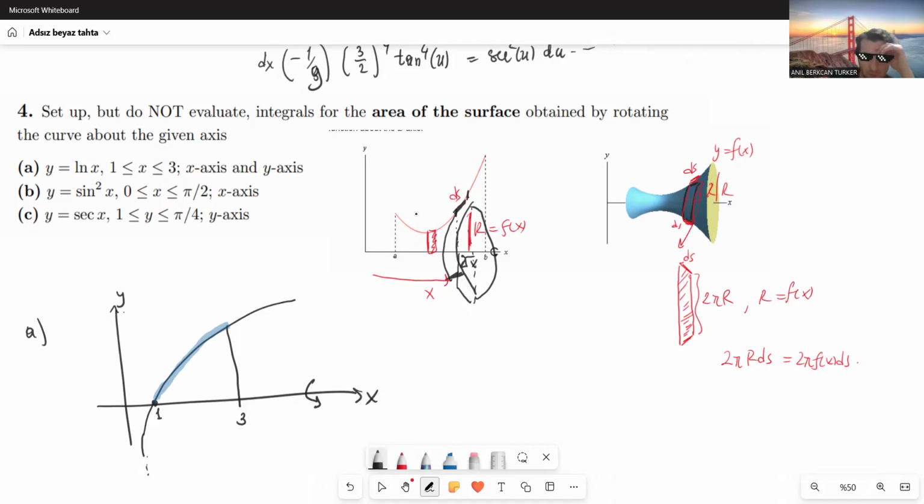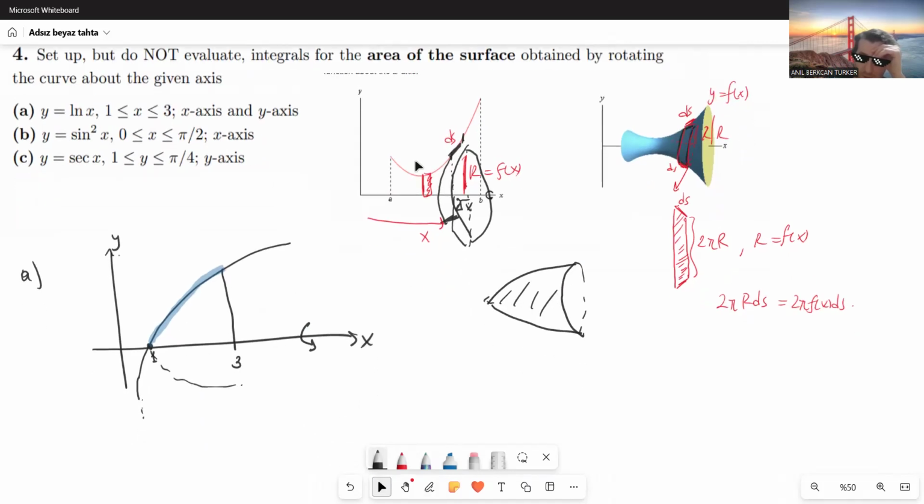So what I end up with is something like that, some curve like that, some surface. When you rotate around the x-axis, this is the shape you get. It's empty. Its inside is empty.